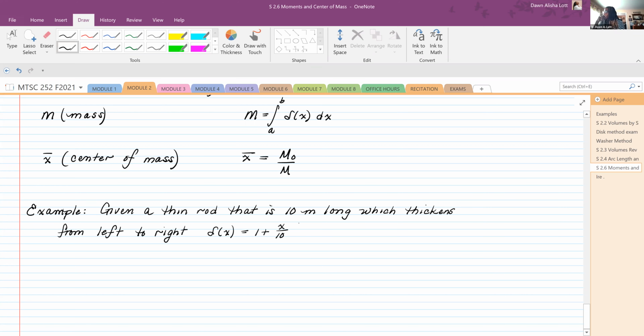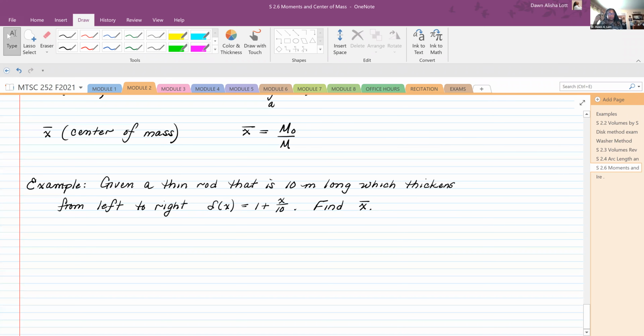So clearly the density at 0 is just 1, but the density at 10 is 2, and it just gradually gets more dense. Okay? We want to find the center of mass, x bar.